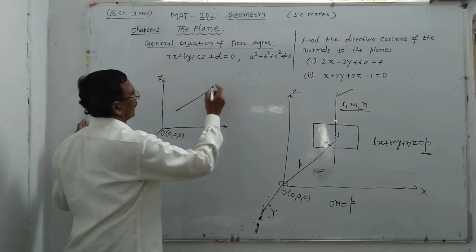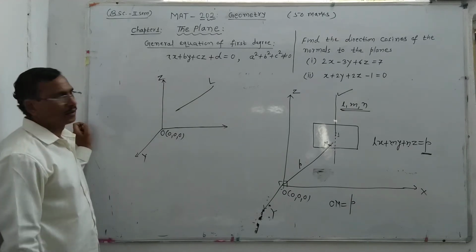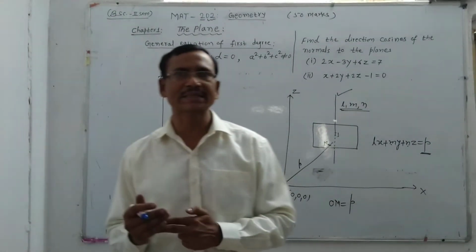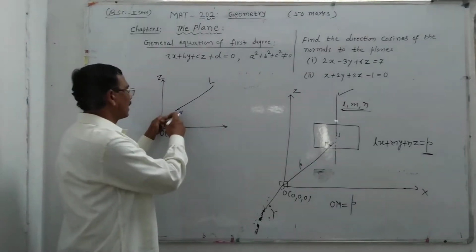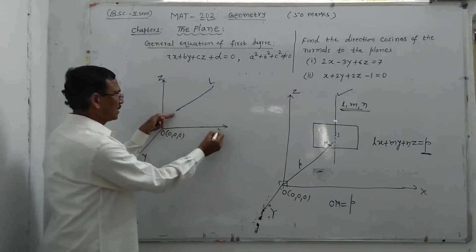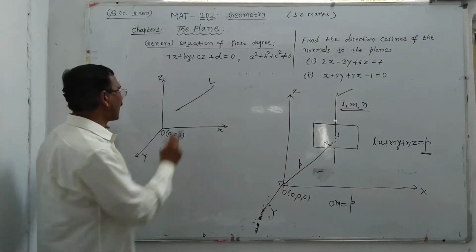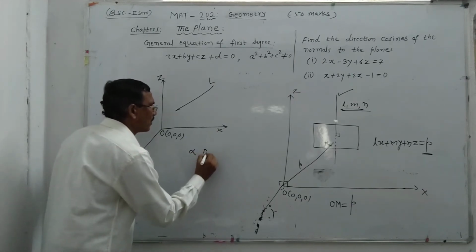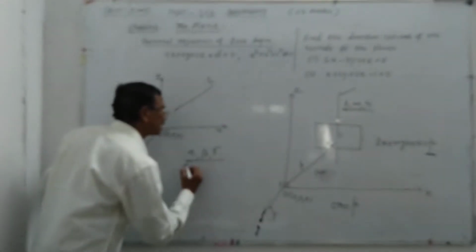This is a line here. Then the angles made by this line with the positive directions of the x-axis, y-axis, and z-axis are called direction angles. This line makes some angle with the x-axis, some angle with the y-axis and the z-axis. We assume that the angle made by this line with the x-axis is alpha, with the y-axis is beta, and with the z-axis is gamma. Then these three angles are called direction angles.